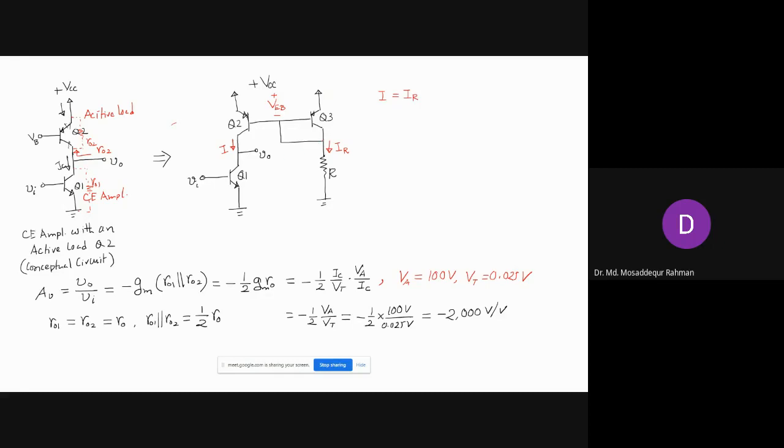So if you know the voltage at this end, right? The voltage is VC, right? The collector voltage, then you can write IR will be VC by R, right?